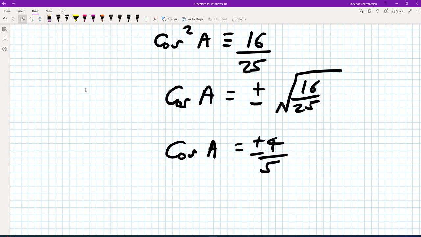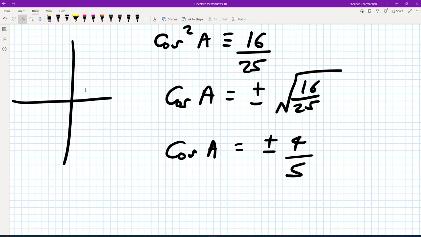So the issue here is we don't know whether it's a positive result or a negative result, but this is the beauty of the CAST diagram. So if we were to draw a CAST diagram here and say ASTC, we know that the result is greater than 180 but less than 270, which means that the result lies in this quadrant, the third quadrant.